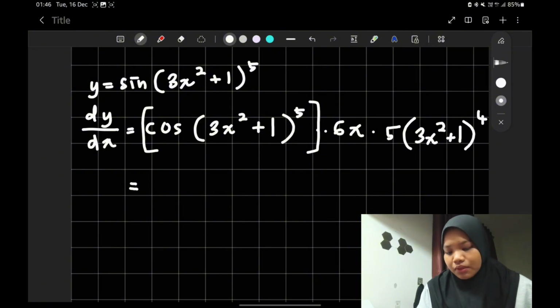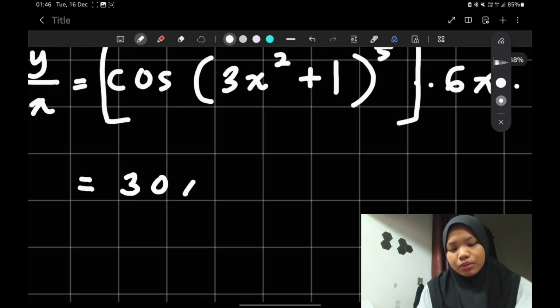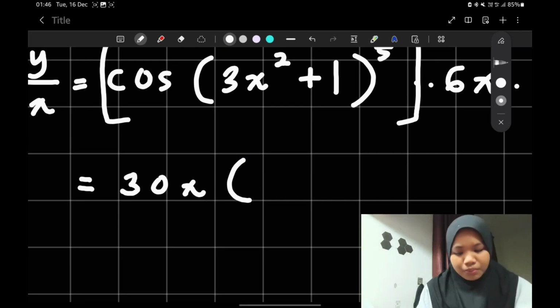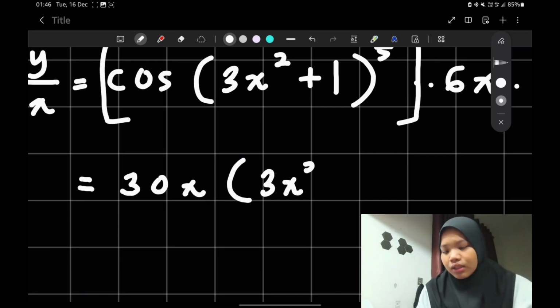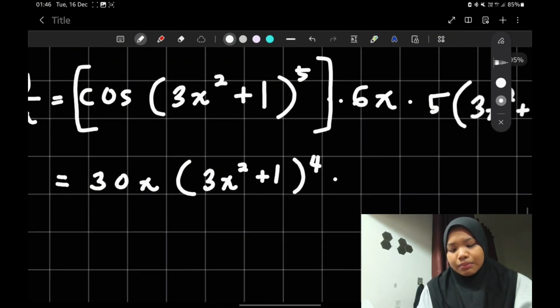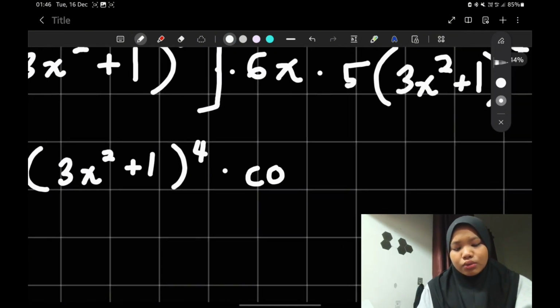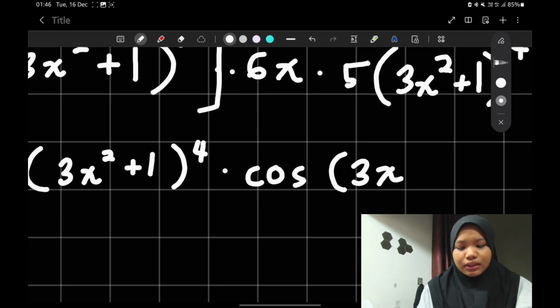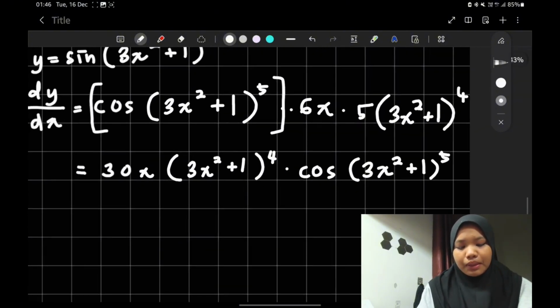Then we write it back, but this 6x multiplied by 5(3x² + 1)⁴, we put in front of the cos, and it will be 30x(3x² + 1)⁴, and just write cos(3x² + 1)⁵.